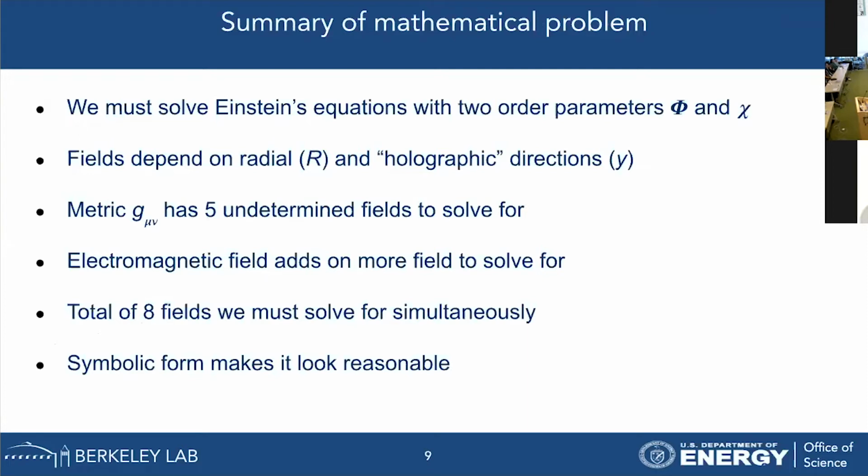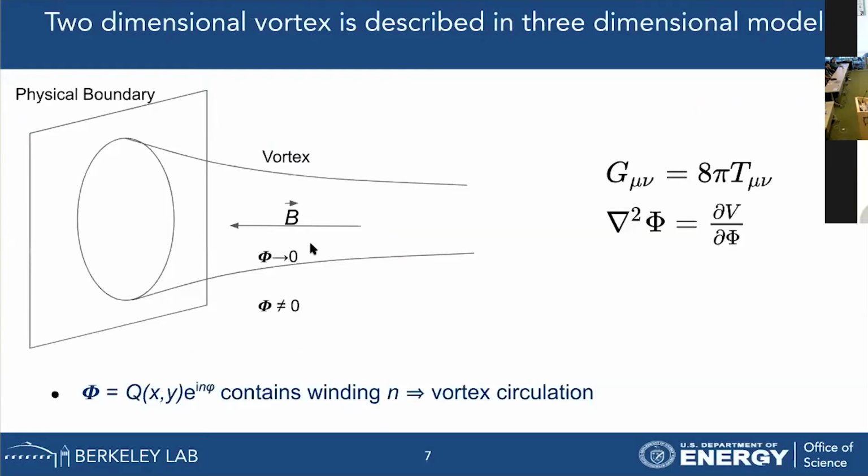Before we get to that, we must solve Einstein's equations with two order parameters, phi and chi. The field depends on a radial direction r, the distance from the core, as well as a holographic direction, which represents the dimension that flows away from the 2D surface.